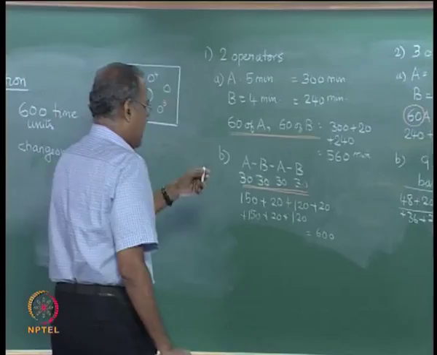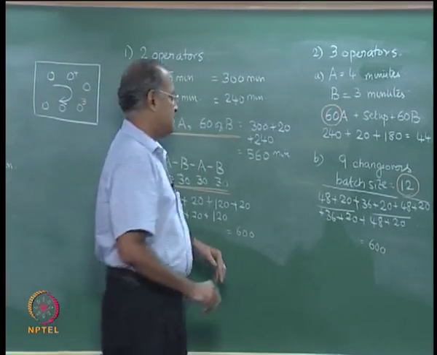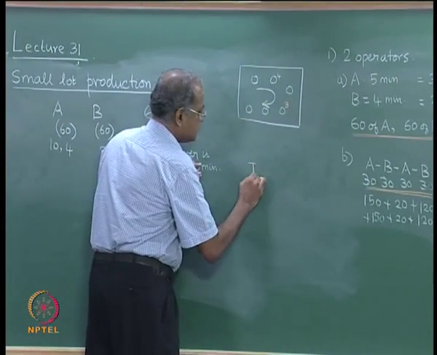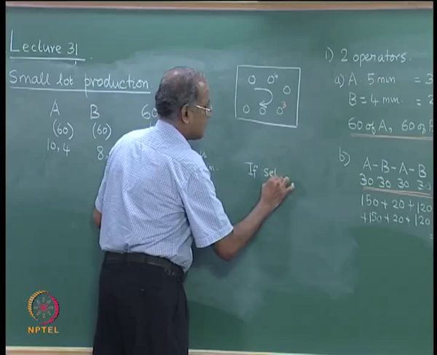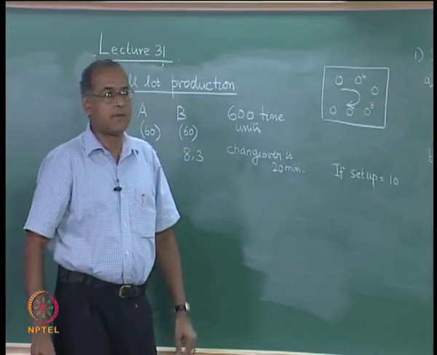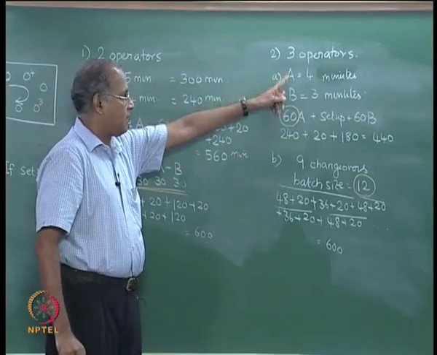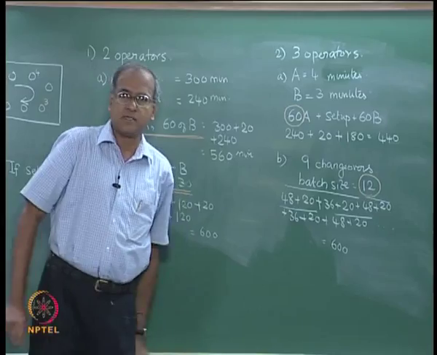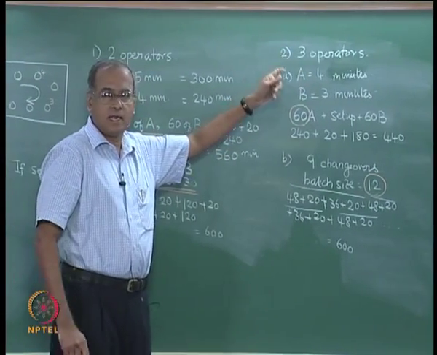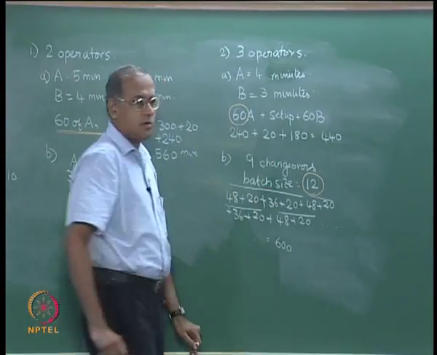Now, in the same case, if the setup time is not 20, but 10. So, if setup time is 10, in this situation of 4 and 3 operators for A and B, which gives us 4 minutes to produce A and 3 minutes to produce B, the time required is 420.